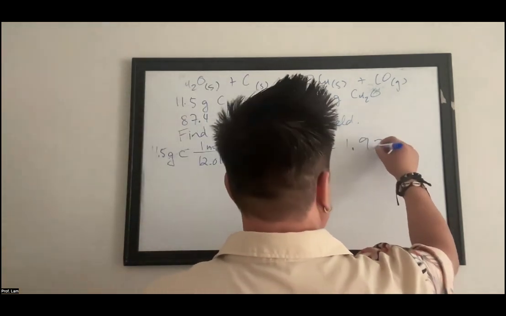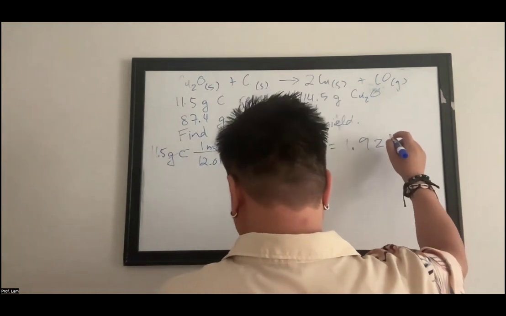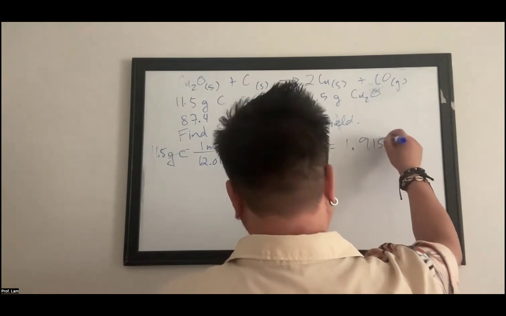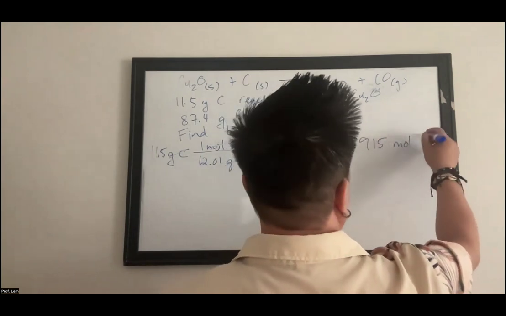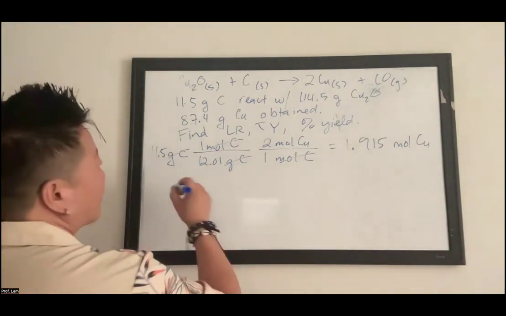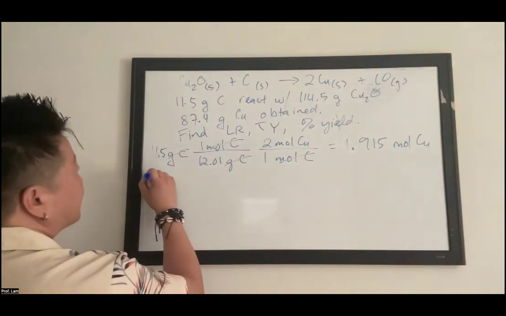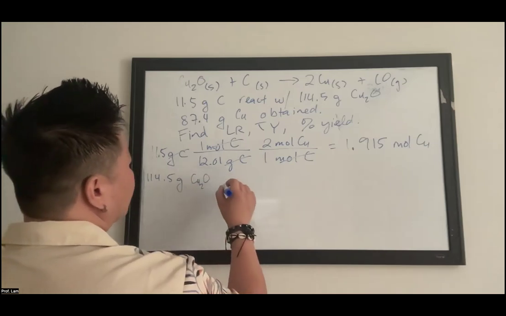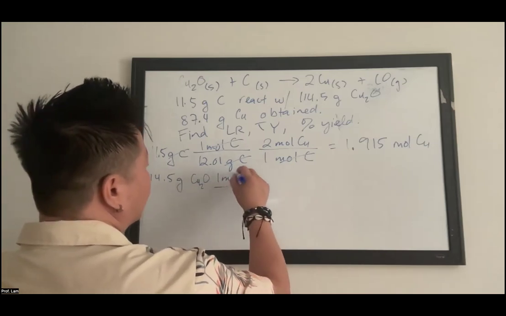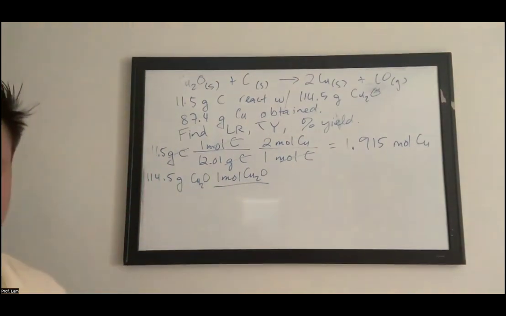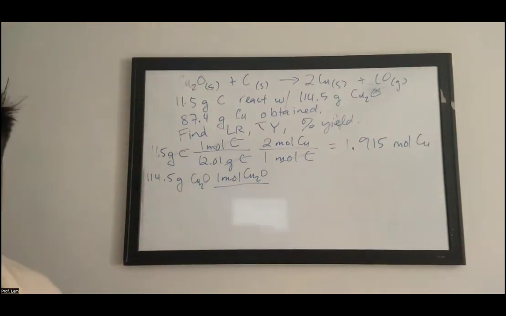Let's keep more sig figs since we're not done with the problem, so I will keep 4 sig figs for now. And then we go to the other reactant, 114.5 grams of Cu2O. We need to get to moles of Cu2O first, so we need the molar mass here. We need to calculate that.